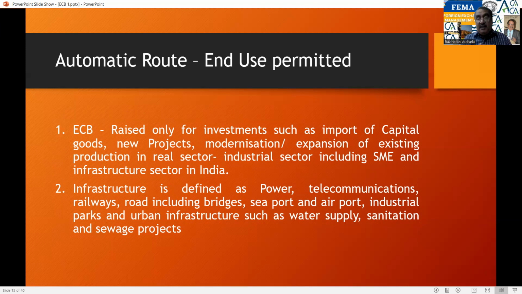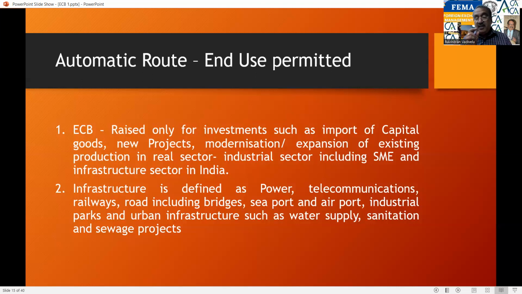So the RBI has clearly pointed out, through FEMA, that the money has to be used only for investments, such as import of capital goods, new projects, and modernization and expansion of existing production in the real sector and industrial sector, including SME, and infrastructure sector in India. Here infrastructure is defined as power, telecommunication, railways, roads including bridges, seaport, airport, industrial parks, and urban infrastructure, that is water supply, sanitation, and sewage.